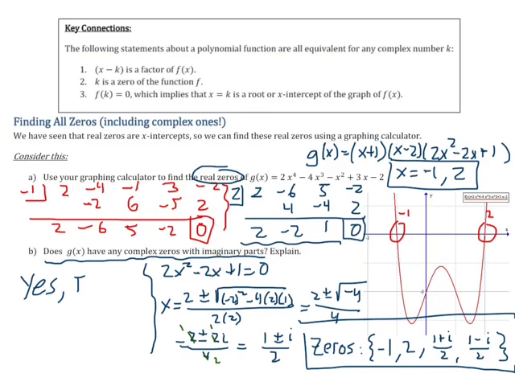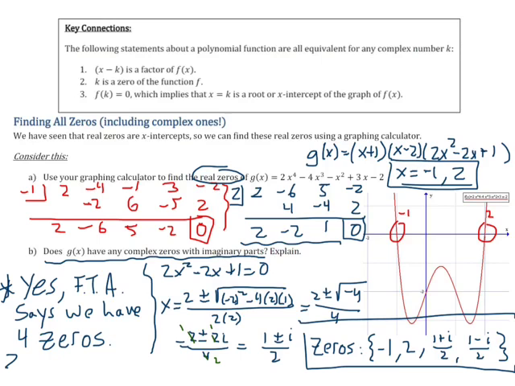Because the fundamental theorem of algebra says we're going to have exactly four zeros. And we just found out that 2 of them were real, and we jumped the gun a bit, but that means that we must have exactly 2 imaginary zeros.